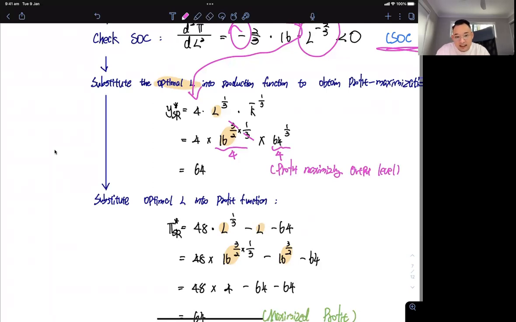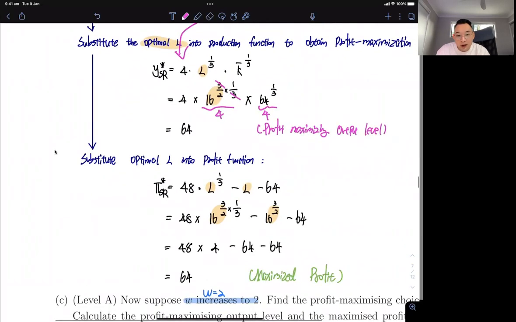Next, we need to substitute the optimal L into the profit function so that we can get the profit, right? Remember, here we only got the output level. Our end goal is to get the profit. So pi star SR, which means the optimal short run profit level, is 48 times L to the power of 1/3 minus L minus 64.